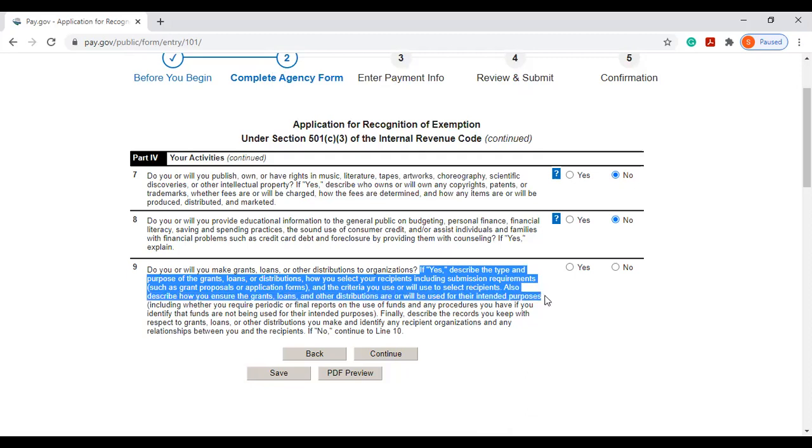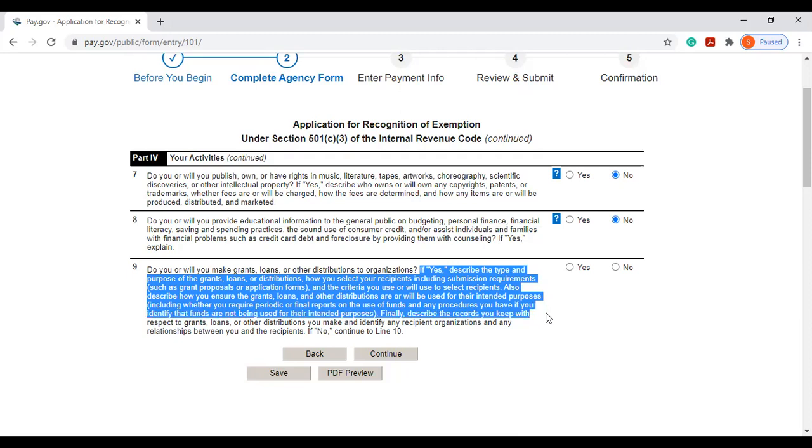Also, describe how you ensure the grants, loans, and other distributions are or will be used for their intended purposes, including whether you require periodic or final reports on the use of funds and any procedures you have if you identify that funds are not being used for their intended purposes.